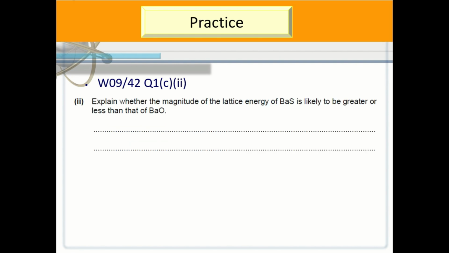Another question will be to compare the magnitude of lattice energy of barium sulfide to that of barium oxide. So first answer, is it greater or less than the lattice energy of barium oxide, and then explain. So you should again pause the video to write your answers and then come back and check your answer against mine.